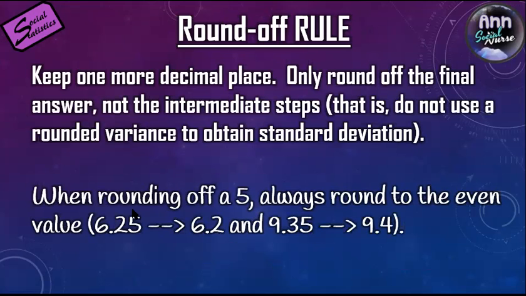Hence, 6.25 will become 6.2. That is the even value. And 9.35 will become 9.4. This is what you're going to use in rounding off your answer with your standard deviation in your assessment or exercise.